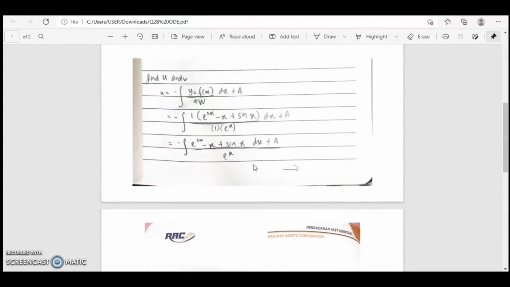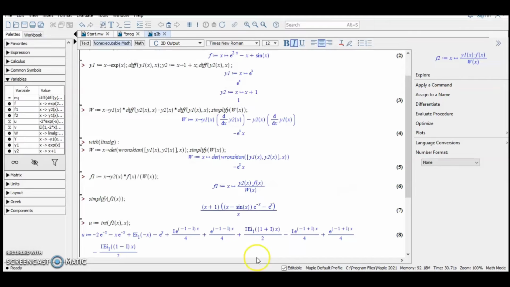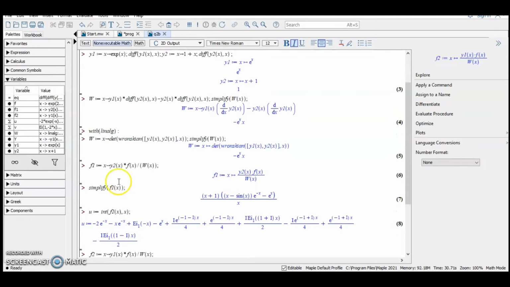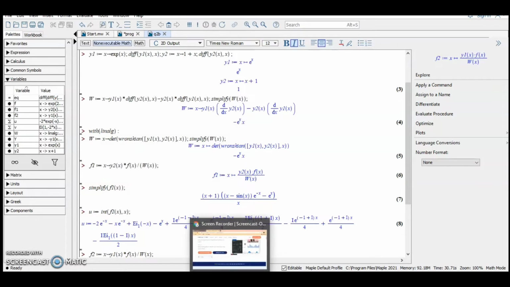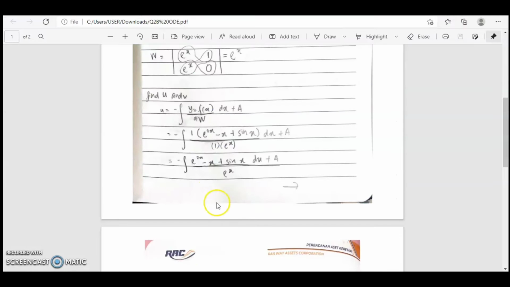First, in this coding, I take out f1. For f1, I make y2 of x times f of x over W of x like this.